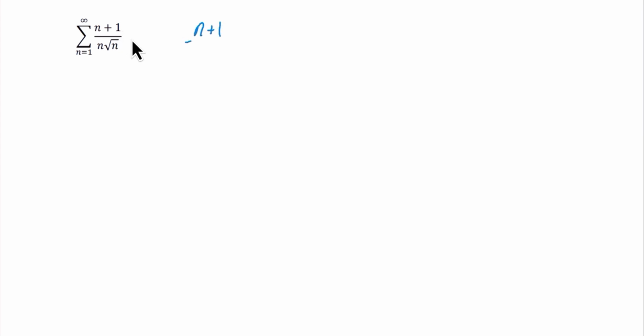Starting with the original, if we remove 1 from the numerator, if the numerator is getting smaller because we removed 1, then the fraction is getting smaller. And now let's rewrite what we have here. If we reduce that, we'll get 1 divided by the square root of n.